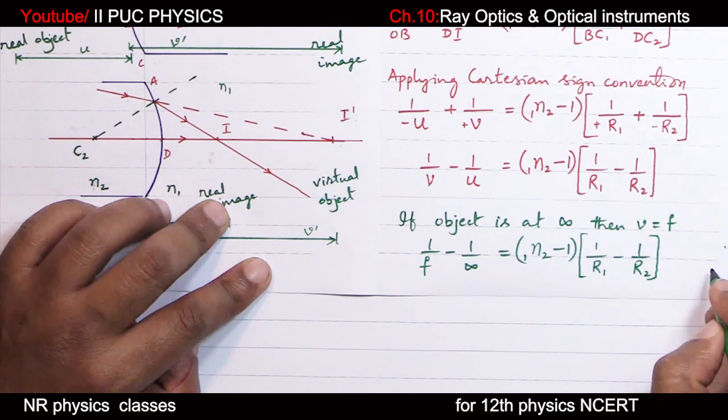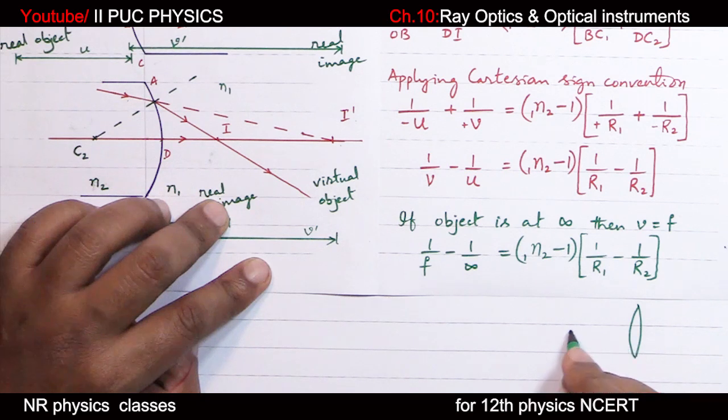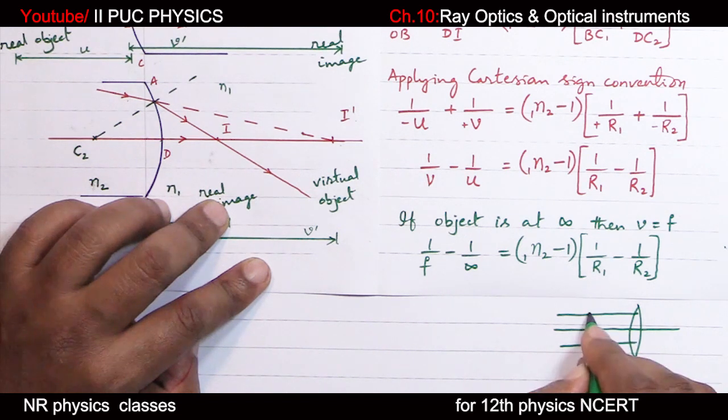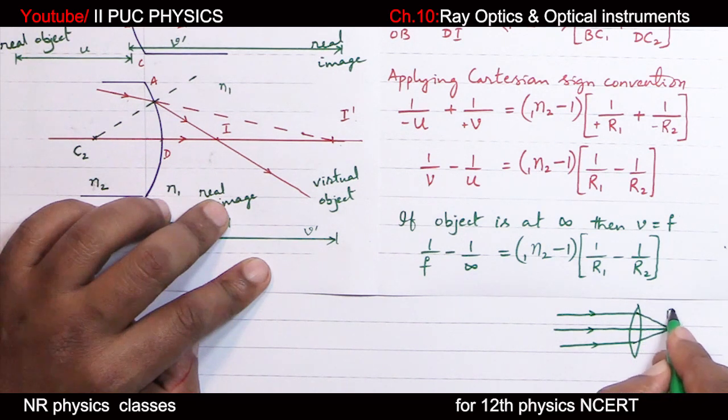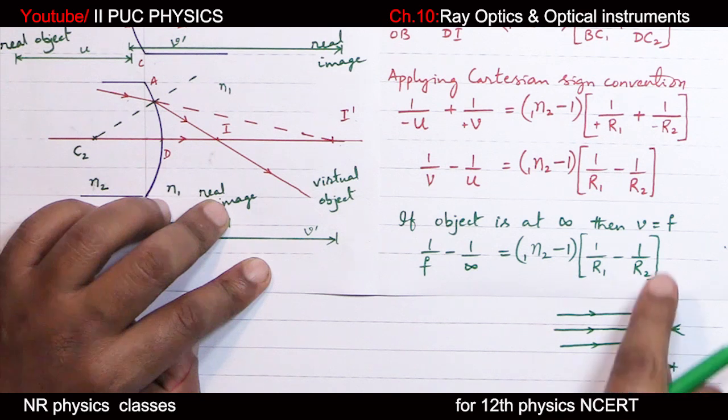If this is the lens, object is at infinity means the object gives a parallel beam of light like this. When incident rays are parallel to the principal axis, after refraction they pass through a point. So this point is the focus and this is the image distance, which is equal to f. So V equal to f. That is what we have written here.